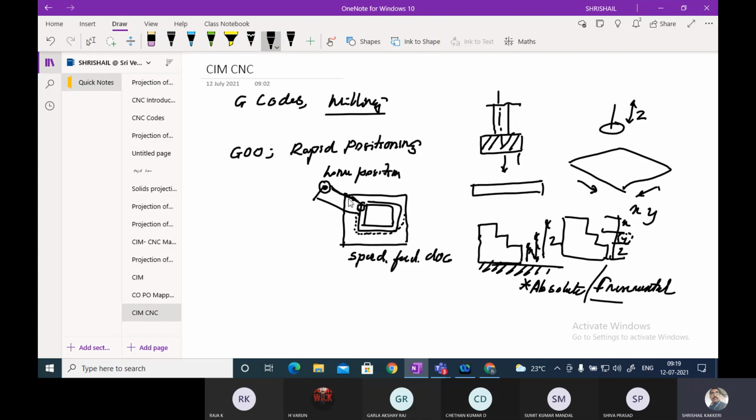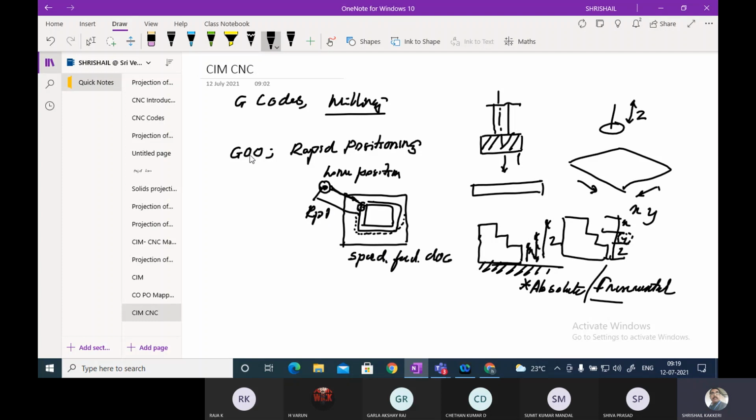While it is coming from the home position to here, we need not keep a proper traveling direction, and the feed, speed and depth of cut are not required. It has to move to this point in the air, and it is not touching any part of the material. So rapidly we can move it.